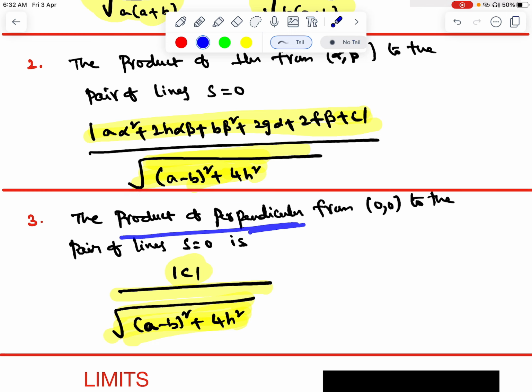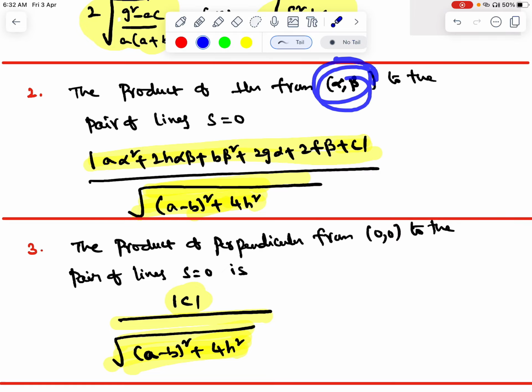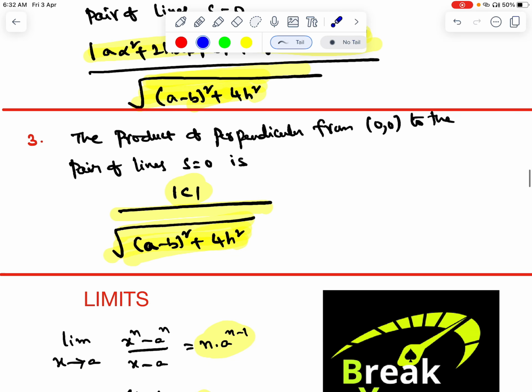The product of the perpendiculars from the origin to the same lines S = 0: here you can observe, in one case (α, β) is given, here (0, 0) is given, so substitute 0, 0 in this equation. Everything vanishes except c, therefore the formula is c / √((a − b)² + 4h²).